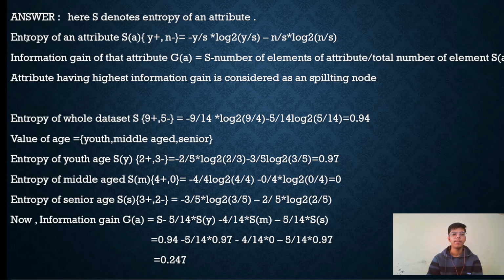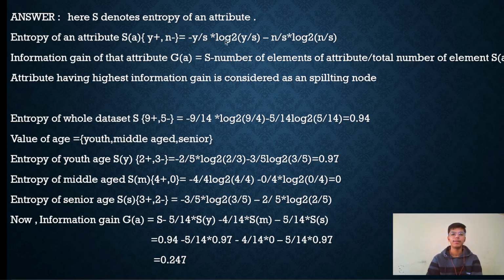If we have to find the entropy of any attribute, let's consider our attribute A, and it has two values, yes and no. First we use y divided by s. Here s is the total number of rows, and y is the number of rows which have yes in that particular attribute.